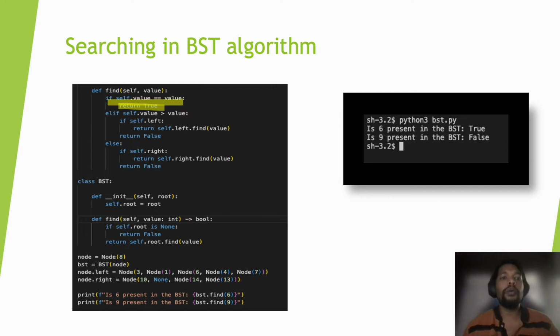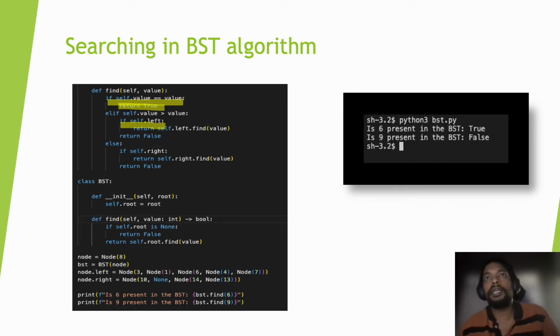That means the node we are searching for is the root. So what happens if the node's value is less than the value? That's the else case. So we have to go to the left child. We are checking if the left child exists or not. If it doesn't, we have to return false, which means that there is no left subtree.